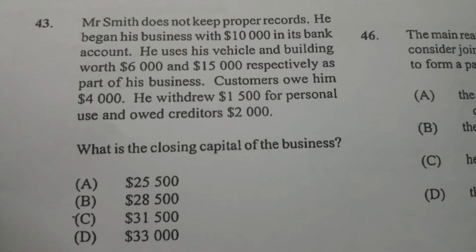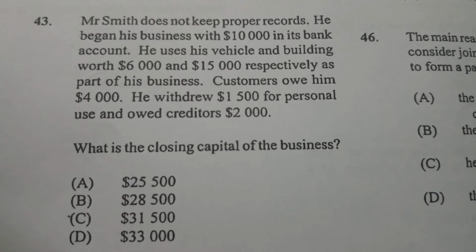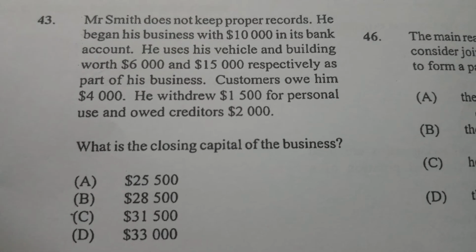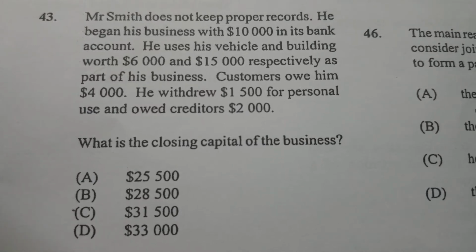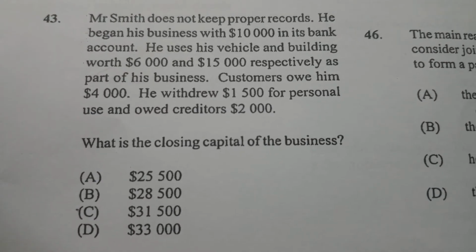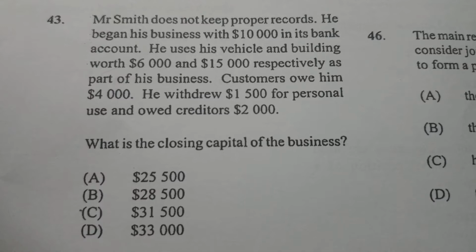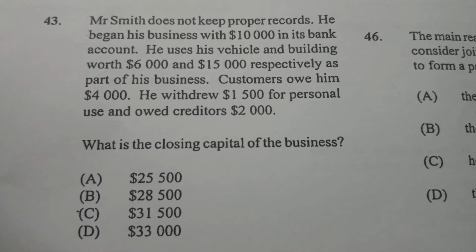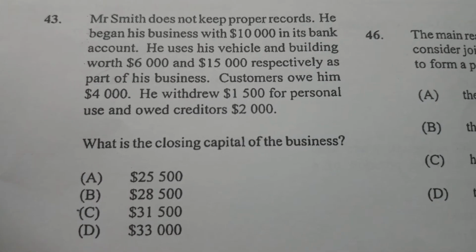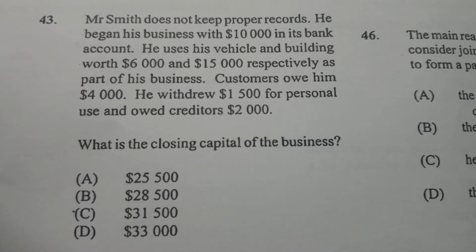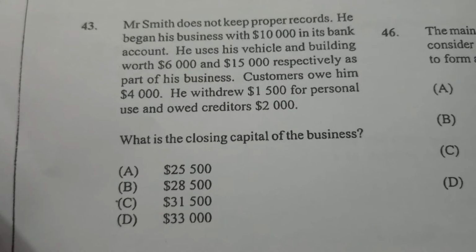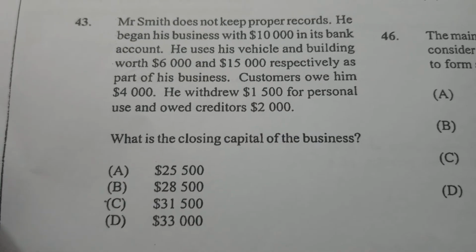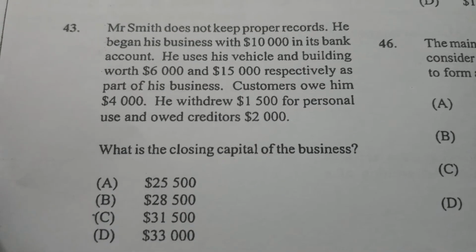So how would we get the answer for this question? We have to identify what would be his assets at start, or the value of his capital, because the capital will be equal to his assets.